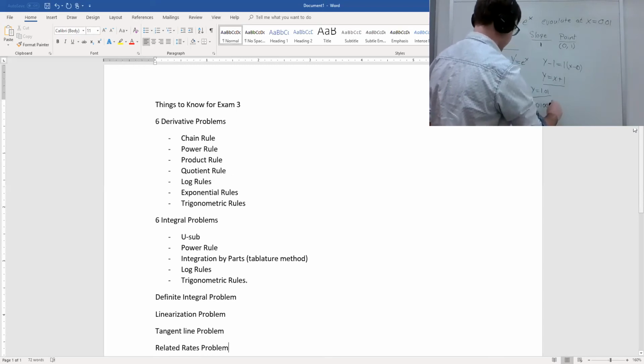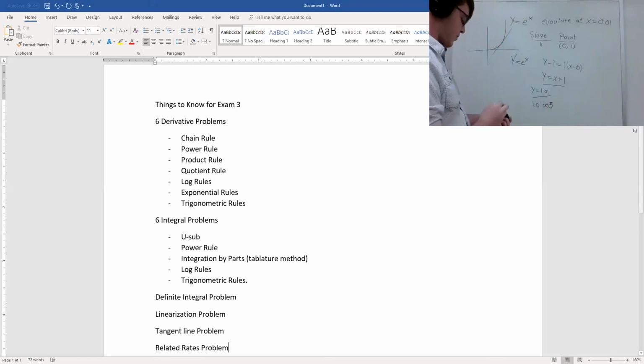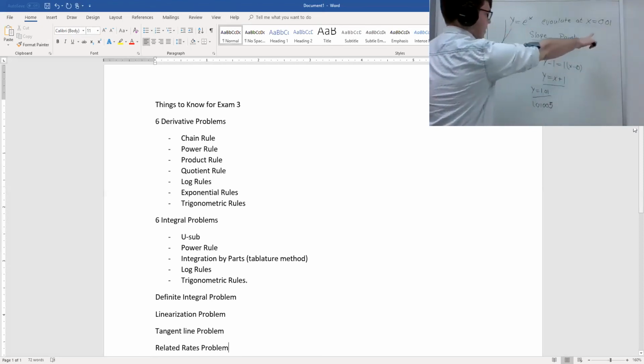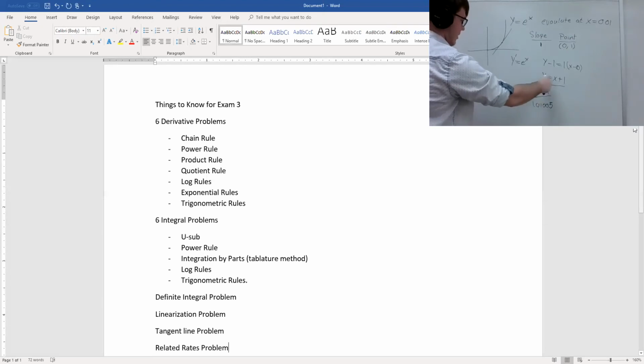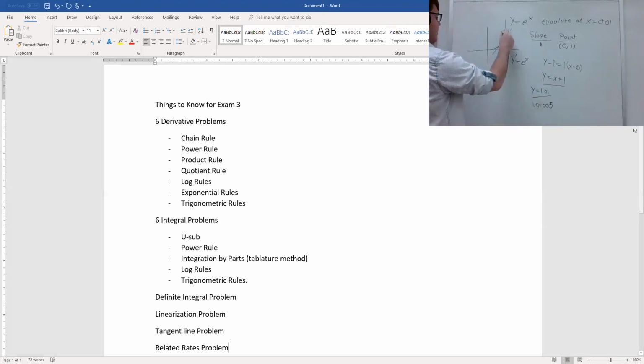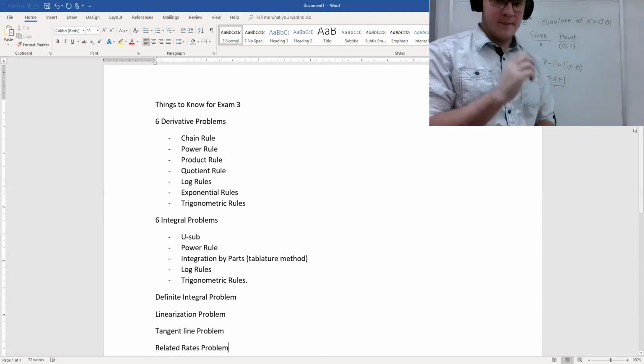So we're really close, and it works as an approximation. But the farther away you get from this number, the less close it will be. If this was like 0.5, this approximation would probably be pretty far off, because the farther we get away from the point, the more distance we have between our actual function and our tangent line.